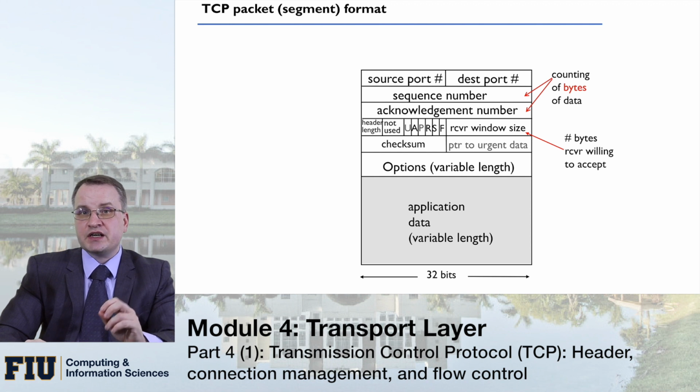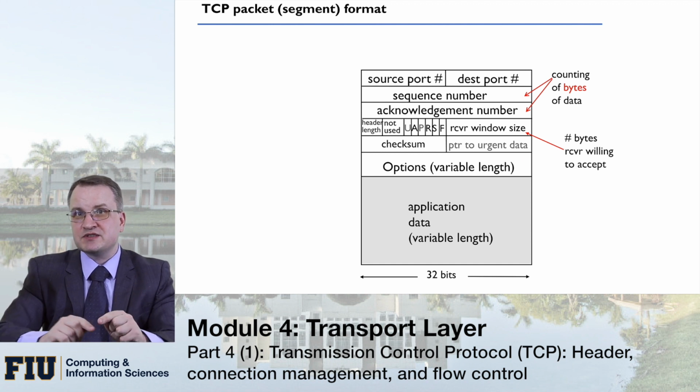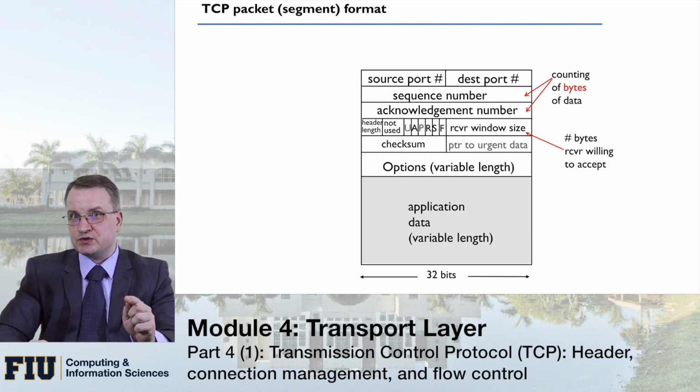The sequence number and acknowledgement number are accounting numbers, very similar to the ones I talked about in Go-Back-N and Selective Repeat in the previous part, with one exception. In TCP, they don't count packets, but rather they count the bytes of the stream. So simply, if you send two bytes in your TCP stream, then they will be counted as sequence number +1 and sequence number +2.